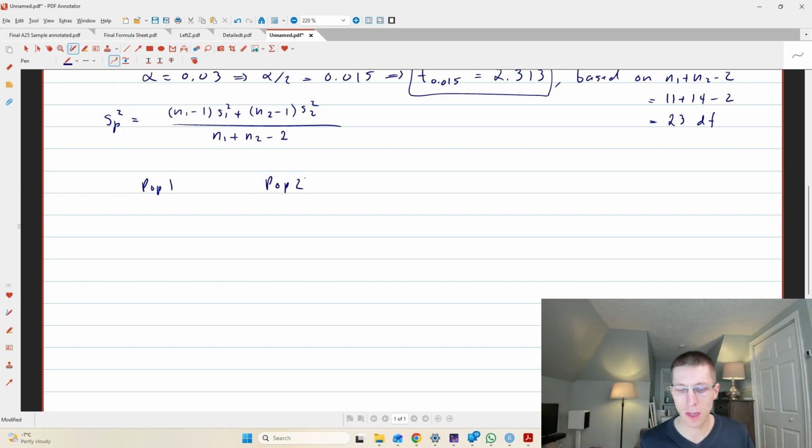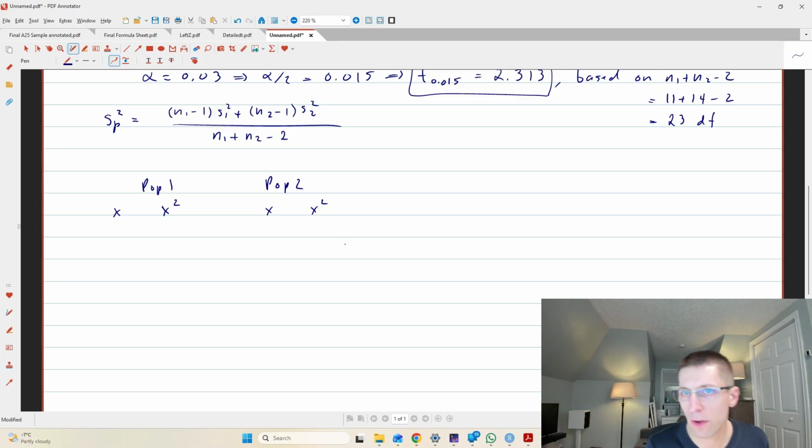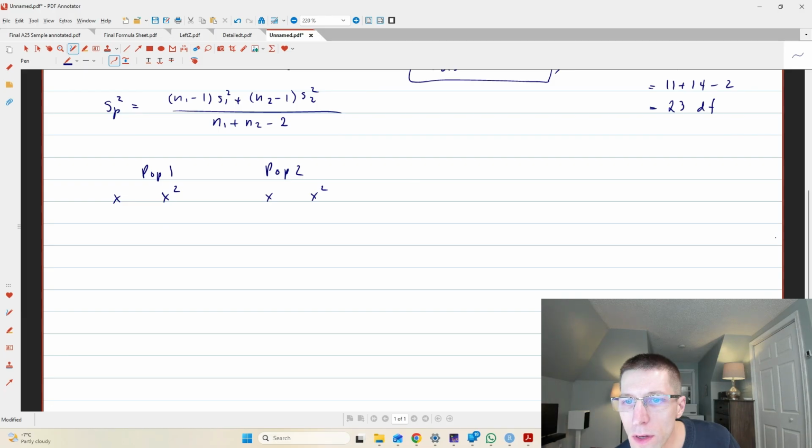I might make some tables of the values, the x's and then x squared.